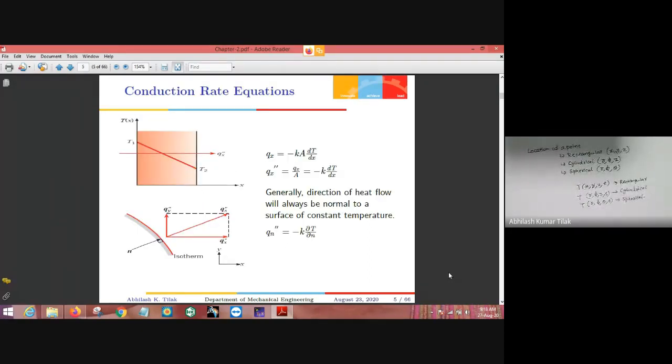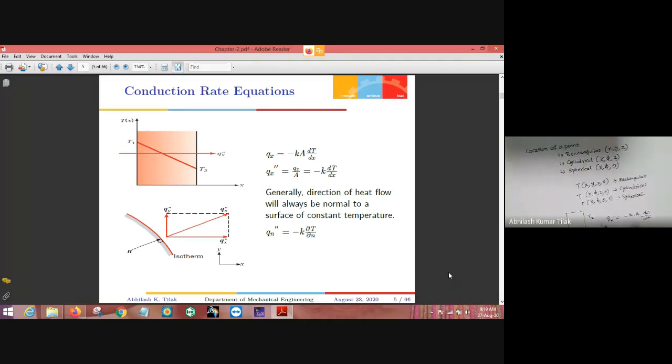Now, coming to the conduction rate equation. In our first class, we studied that the basic law for conduction is the Fourier law of heat conduction. So for a plane wall in which the heat transfer is taking place from a higher temperature T1 to a lower temperature T2 for a thickness dx, I can write the heat transfer taking place in positive x direction as qx is equal to minus k A dT by dx.